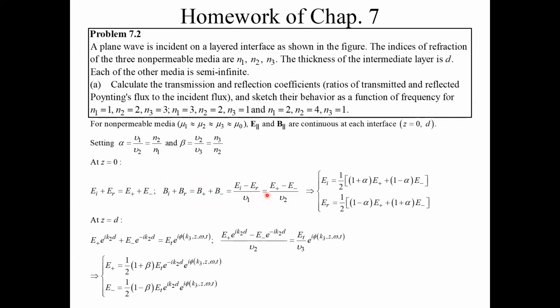And sorted, the incident E field can be written in terms of the positive direction wave and negative direction wave, and the reflected E field can be written in this way.